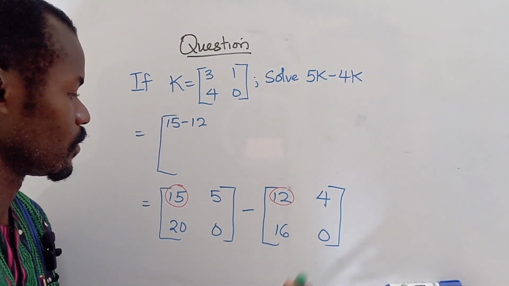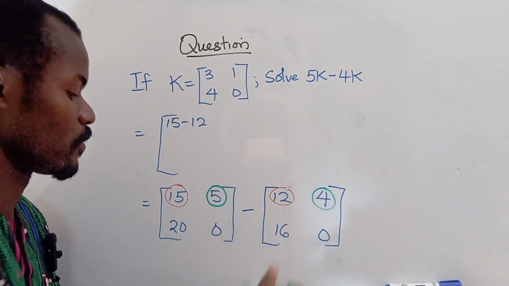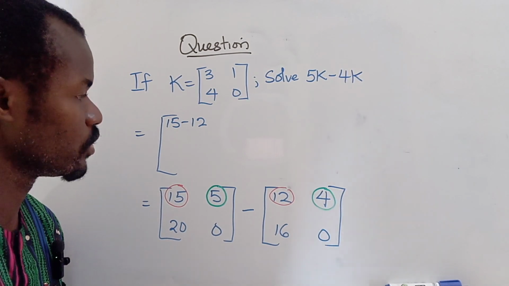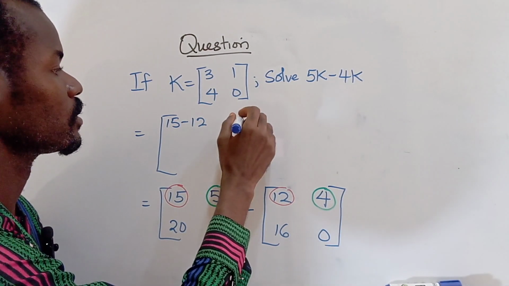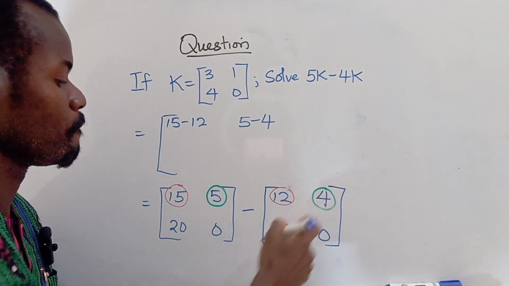Now we check again. We observe that 5 and 4 are in the same position, so all we need to do is 5 minus 4.